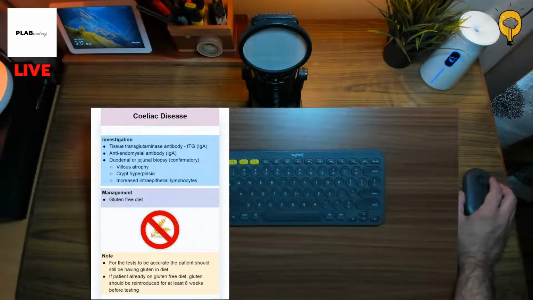It would be appropriate to refer this patient for an endoscopy. On the other hand, if his serum antibodies for H. pylori were initially positive, then a urea breath test would be more appropriate. So here, because antibodies for H. pylori are negative, it is more appropriate to carry out an endoscopy for this patient.